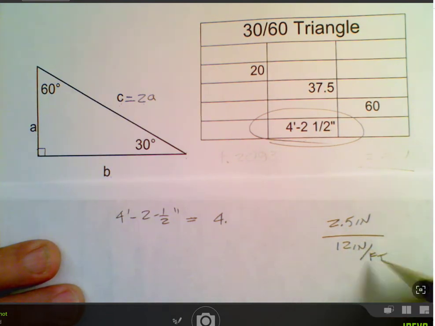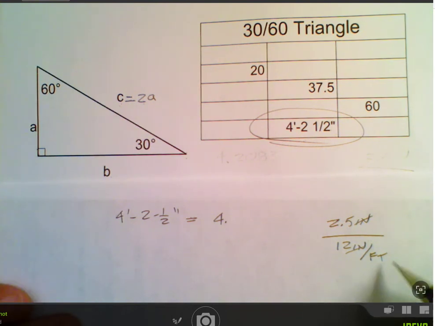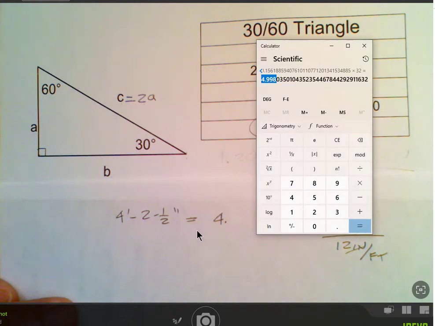Now I know you know that, but I'm still requiring that you write down all your units in doing this so that you can keep track as they get more involved when we start dealing with areas and volumes. So if I take 2.5 and divide by 12, let me bring my calculator up. So 2.5 inches divided by 12 inches per foot equals 0.2083, and then a bunch of other threes as well.